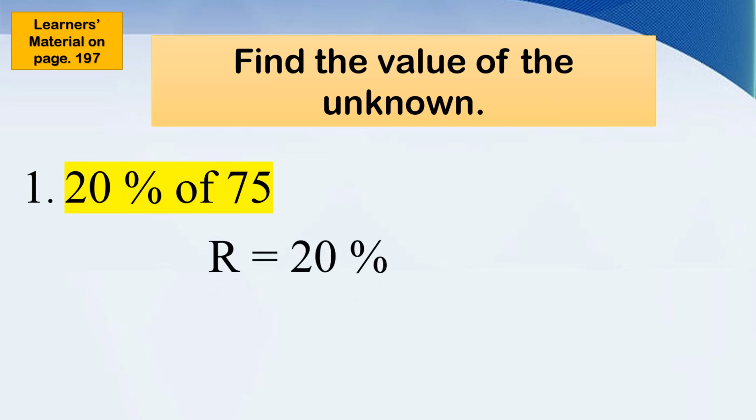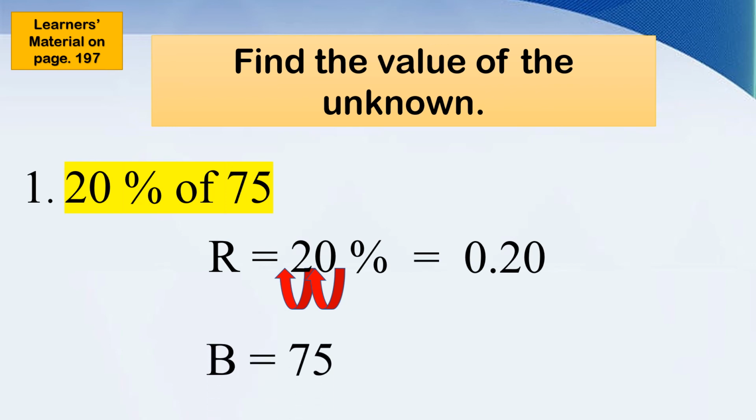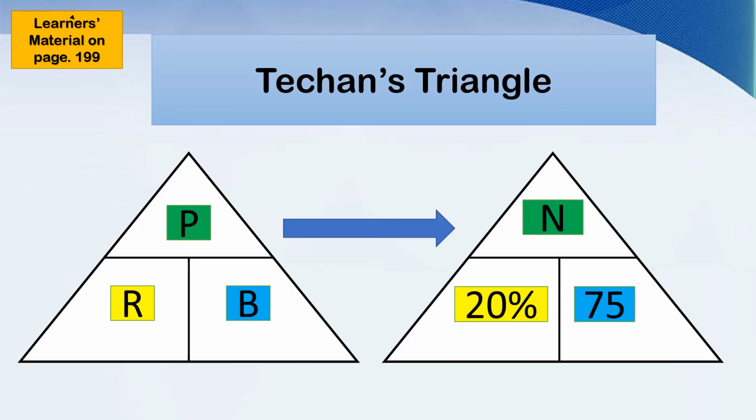R is 20%, or moving two decimal places to the left will become 0.20. Base is 75 and P is unknown. Using the Tetcham's triangle, we will just plug in the values inside the triangle. P is N, R is 20%, and B is 75.